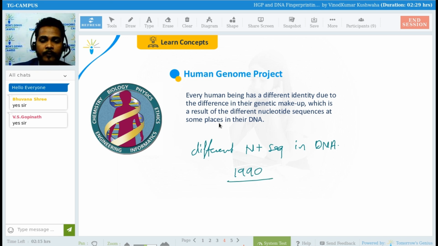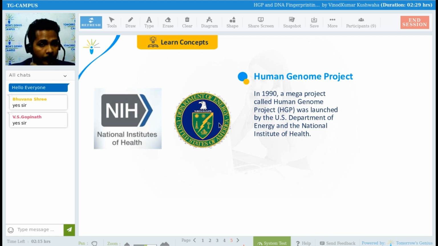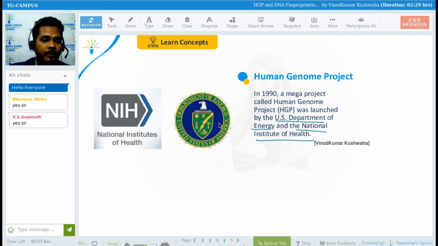so 1990, what happened? A mega project, the Human Genome Project, was launched. By whom? By the US Department of Energy and the National Institute of Health. These two organizations came together and launched one project named the Human Genome Project.